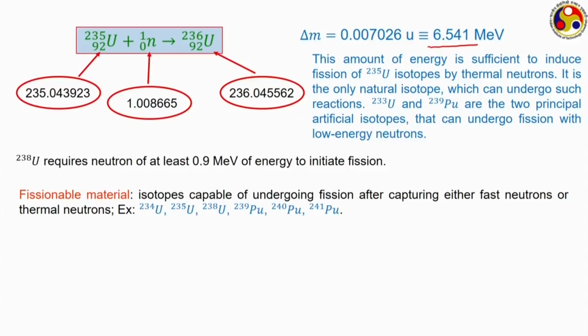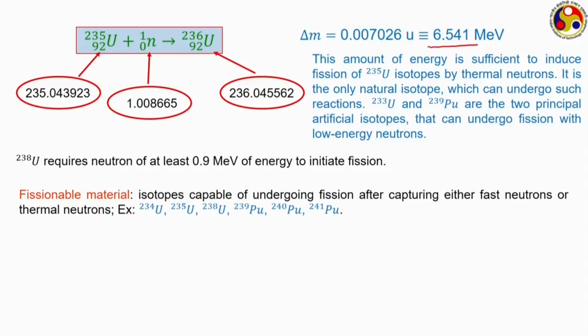Accordingly, all material related to nuclear power generation can be divided into three categories. First is the fissionable material. Fissionable refers to isotopes which are capable of undergoing fission after capturing either a fast neutron or a thermal neutron, or maybe both.